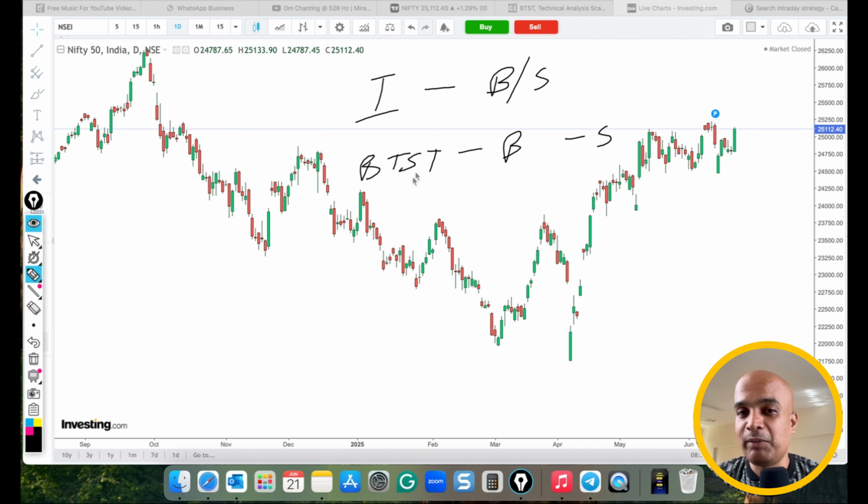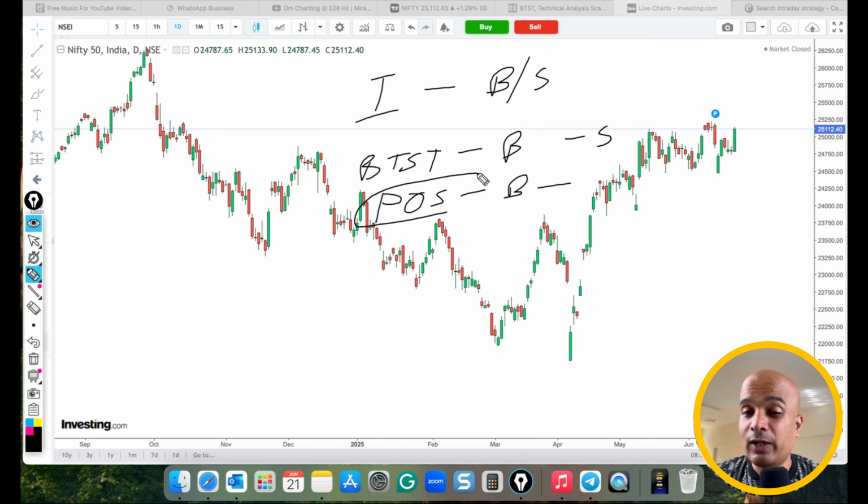That comes under the BTST trading strategy. When I say positional trading strategy, it is for the long term. It is like buying today and selling maybe after 2 weeks, 3 weeks, a month, or even after 3-4 months, until you get the exit. A minimum 1 month, minimum 3-4 weeks holding period is a positional trading strategy.